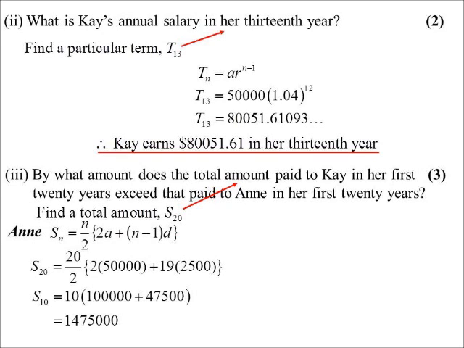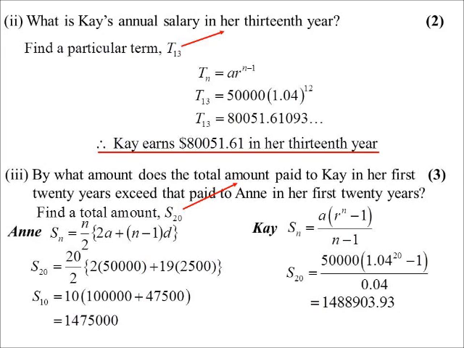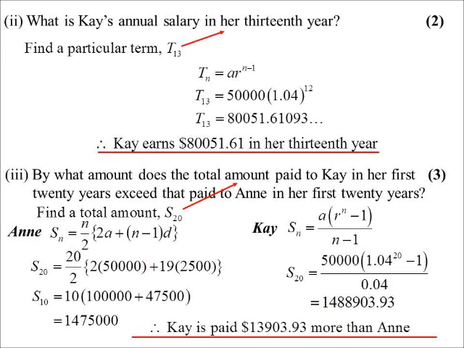For Anne, N over 2, 2A plus N minus 1 D, Anne's earned $1,475,000. K, hers is geometric, and she's earned $1,488,903. So the difference, obviously, we subtract one from the other. There we go, an extra, well, almost $14,000 there.